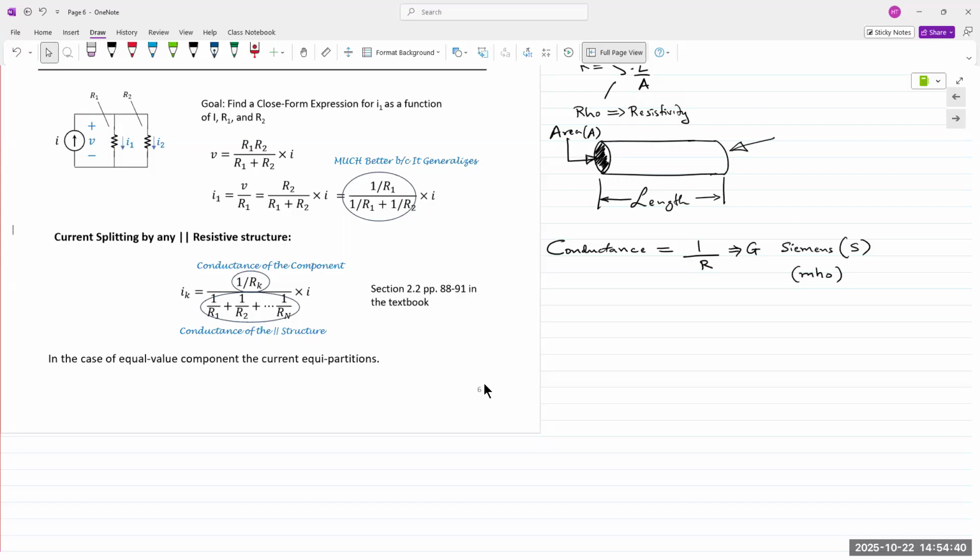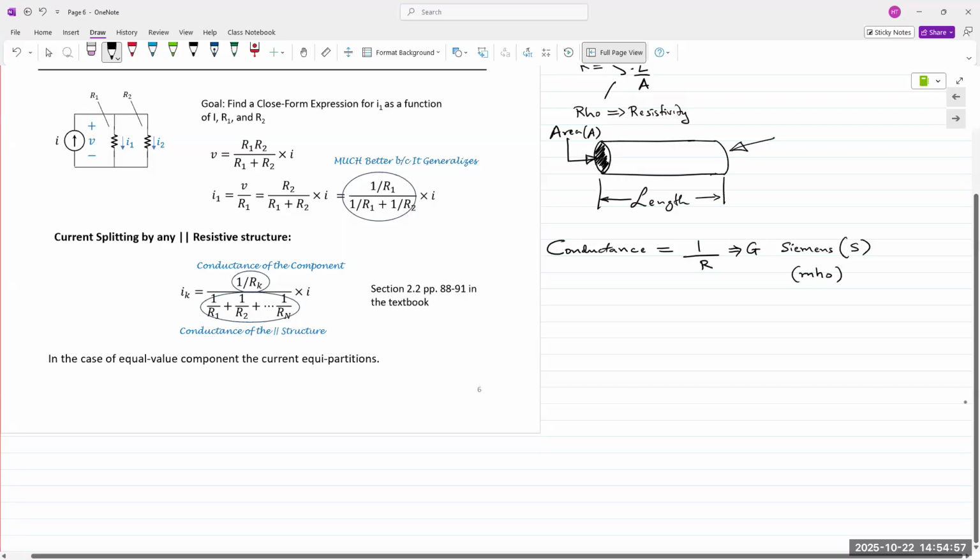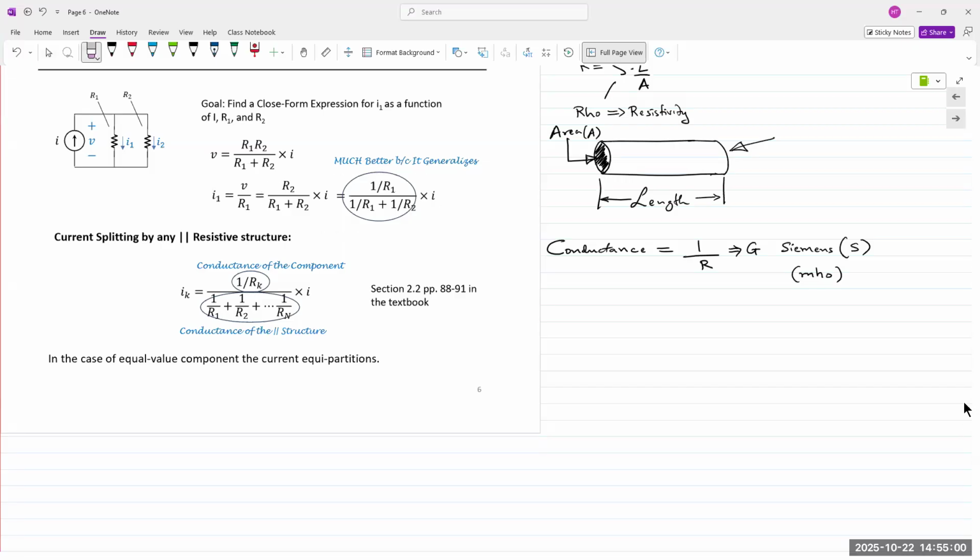If it's 2 resistors, it's simple. If it's 3, it's still simple. But if it's 4, 5, 6, or tens or hundreds of resistors in parallel, then it gets very unwieldy trying to find that REQ and the current divisions. So at that time, it is useful for us to write our equations in conductances.